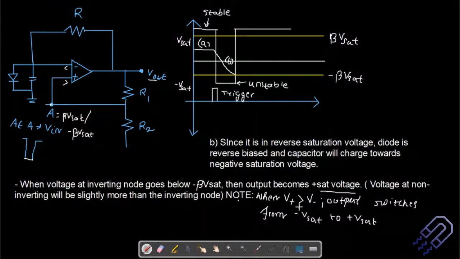So when V plus, the voltage at the positive terminal, is greater than the voltage at the negative terminal, the output will basically switch from minus V saturation to plus V saturation.